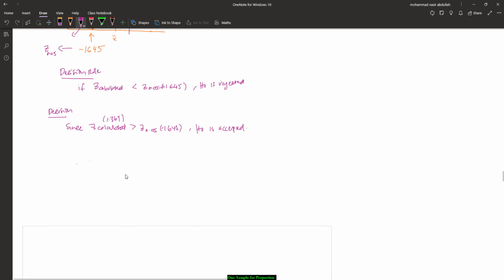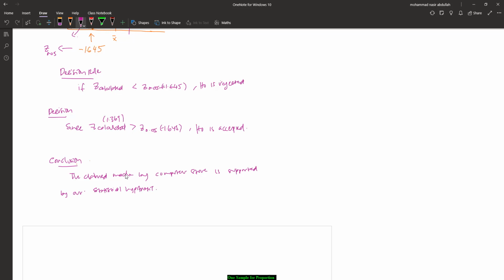So we can make a conclusion: the claim made by the computer store is supported by our statistical hypothesis.